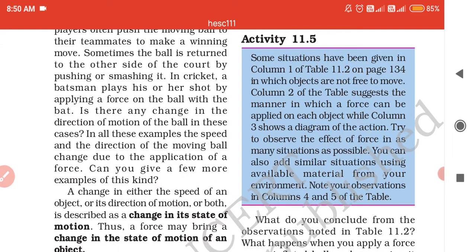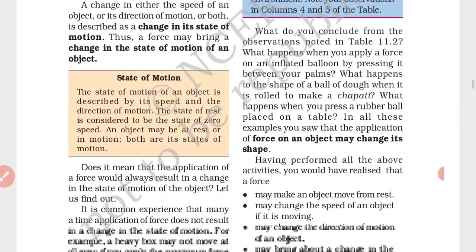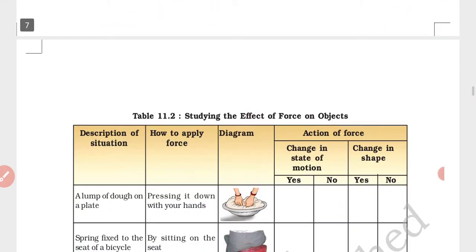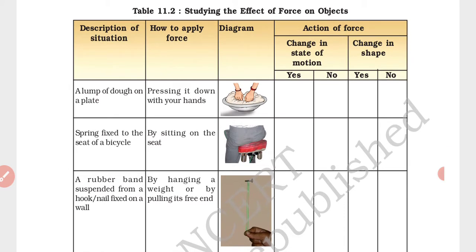Column 2 of the table suggests the manner in which a force can be applied on each object, while column 3 shows a diagram of the action. Okay. In column 2, it is shown that there is a force applied to all of these objects in the given situation. And in column 3, the diagram is given how the forces are applied to these objects.